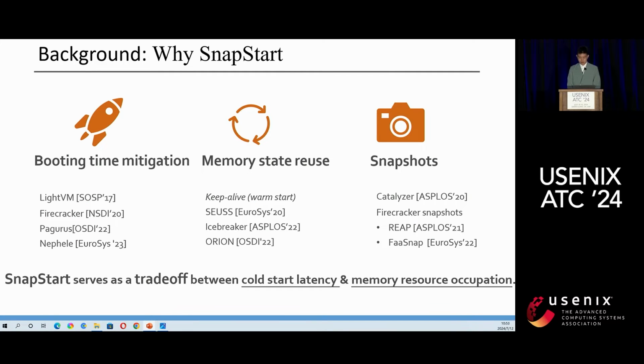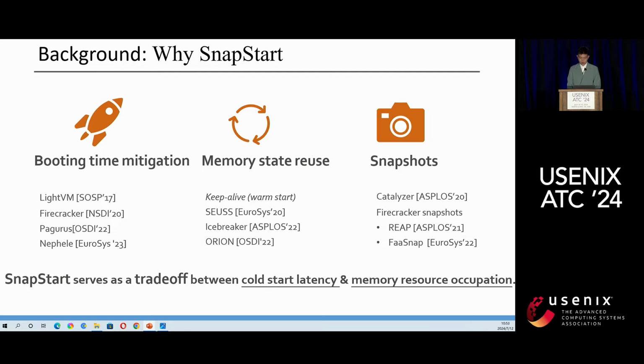In cloud environments, cold start issues are common. There are three solutions. Number one, reducing booting time. Number two, reusing memory states. Number three, leveraging snapshots for fast restoration. In this work, we call the third approach SnapStart.